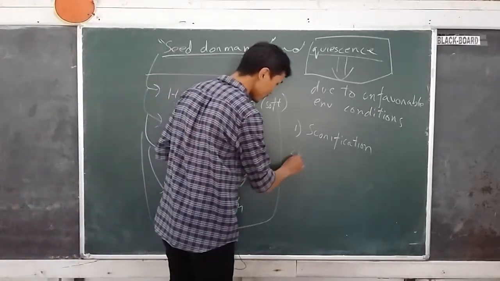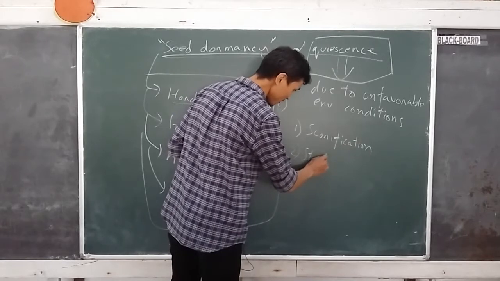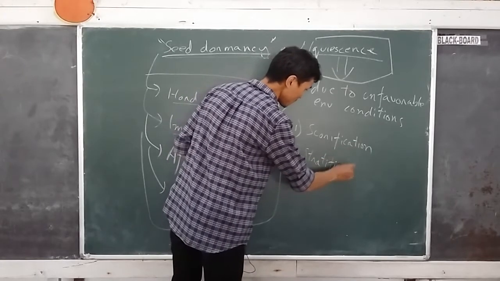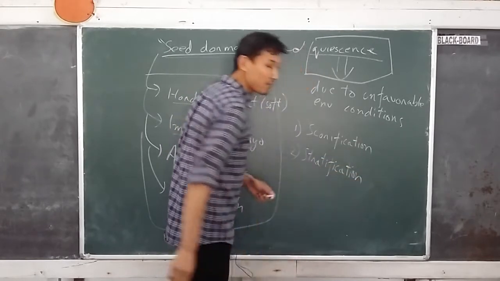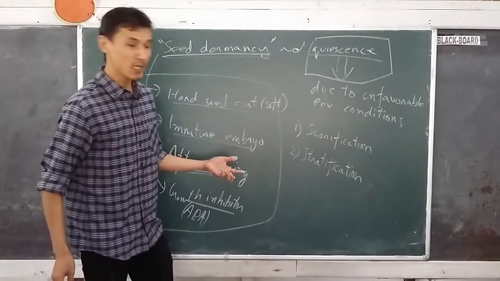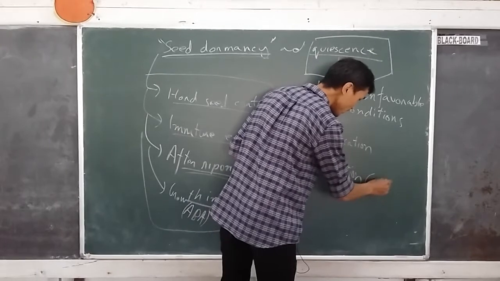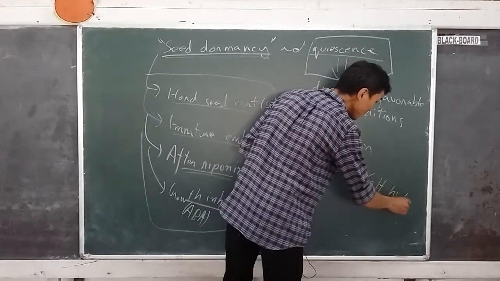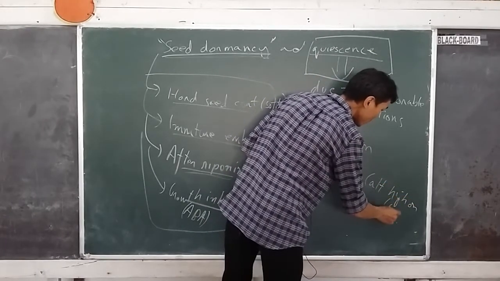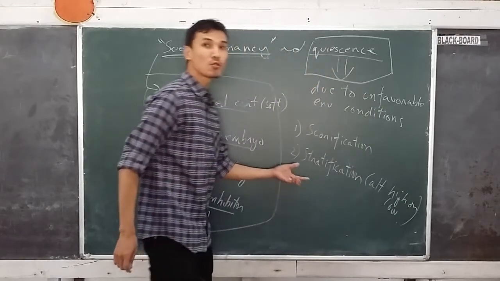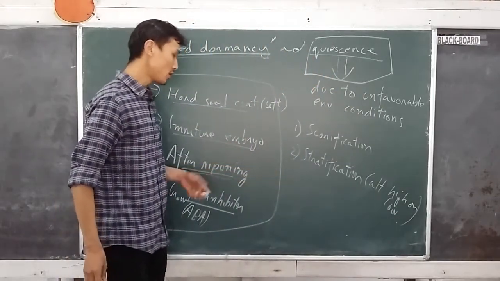Another one is stratification. By stratification, you are subjecting the seed to alternating high or low temperatures, so the seed becomes active and is able to germinate.